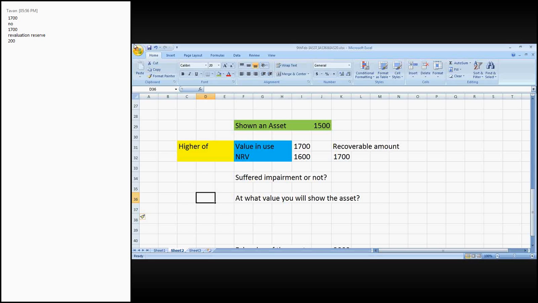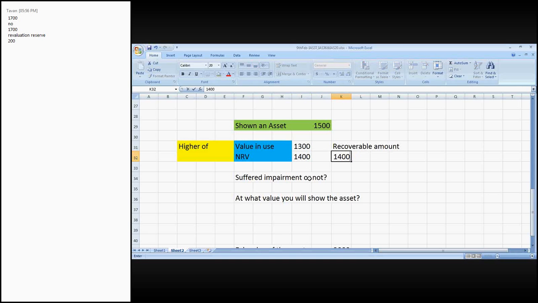What if the net realizable value of this asset is 1400 and the value in use is 1300? What will be the recoverable amount? 1,400. 1400 is the recoverable amount.